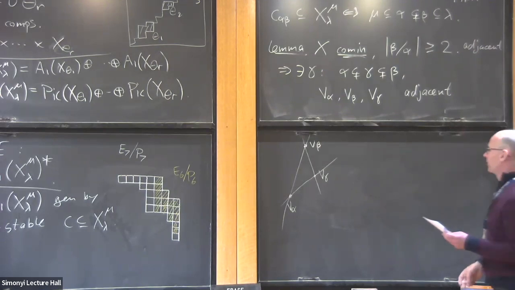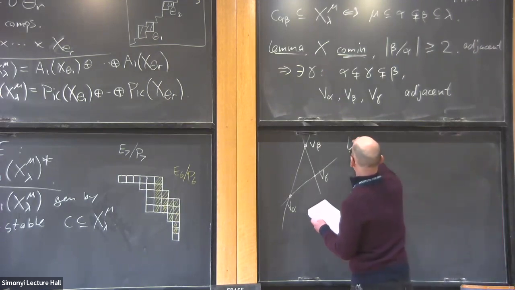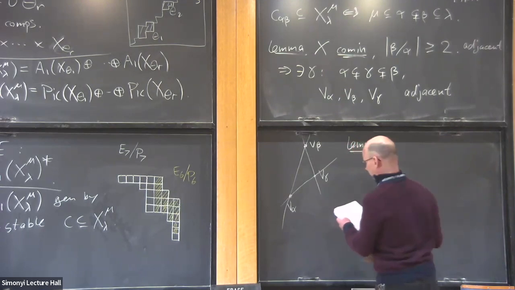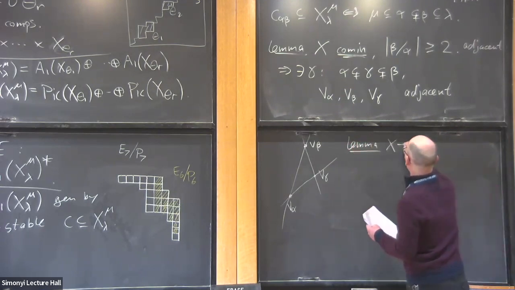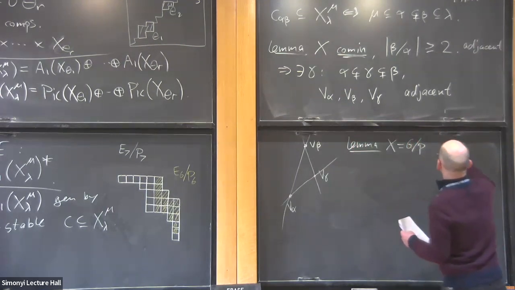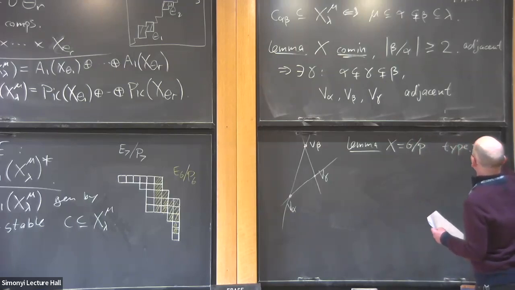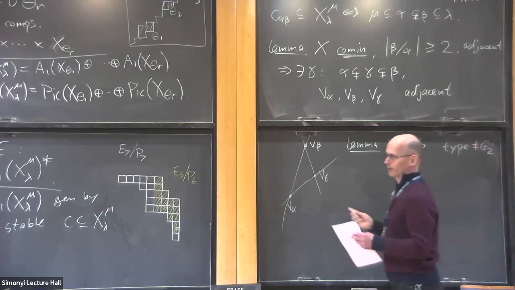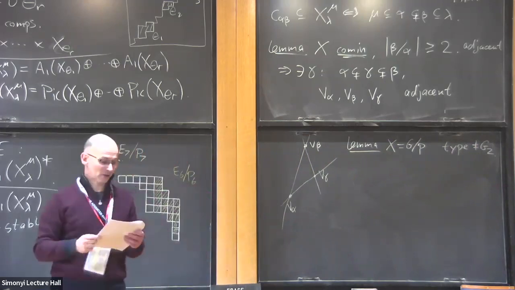Then the other lemma, and this works for arbitrary flag varieties, but this time not in type G2. What does it say?